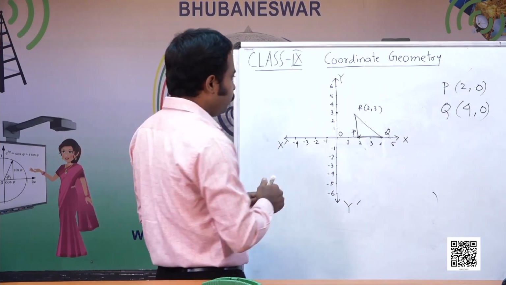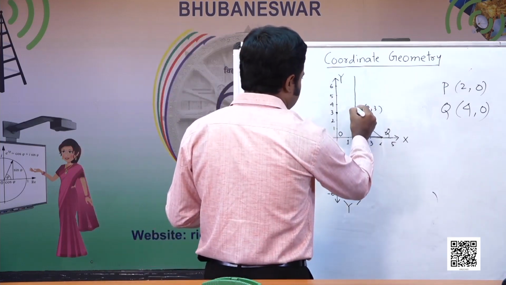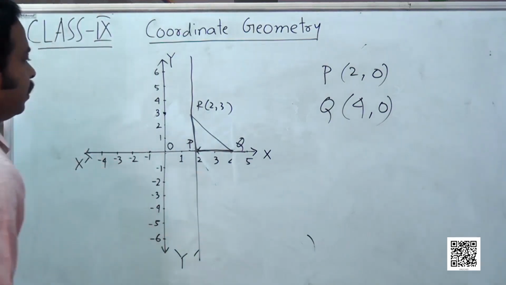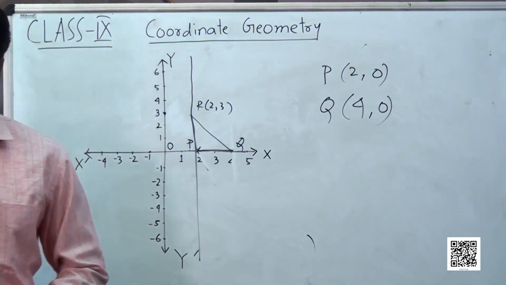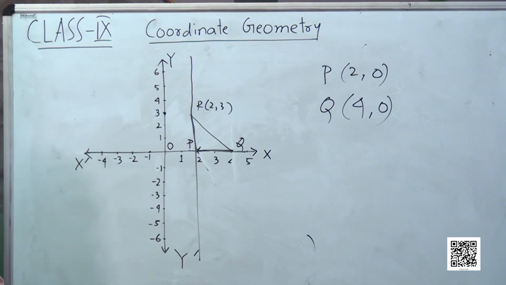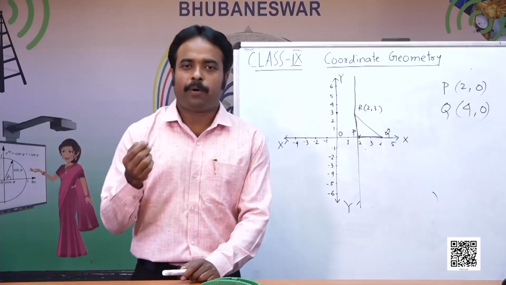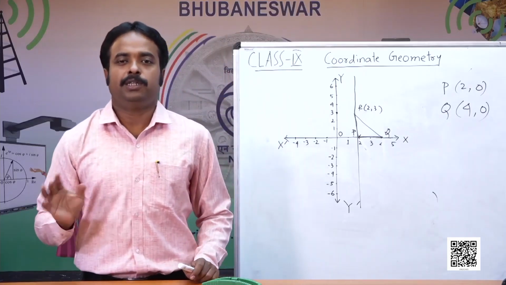Therefore, if you take any point along this line, we will get a right triangle. So here the point R is not unique.